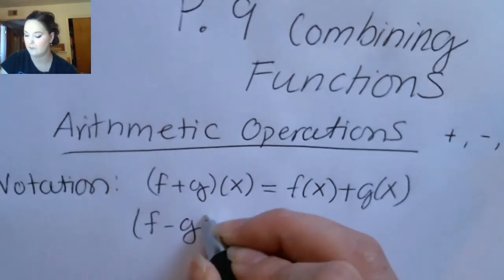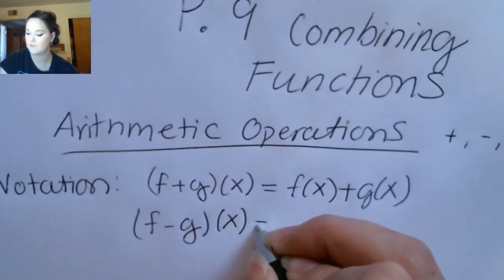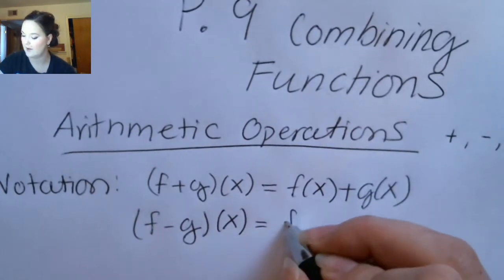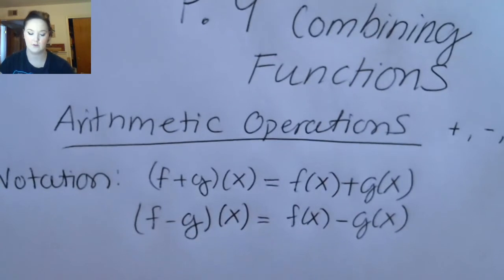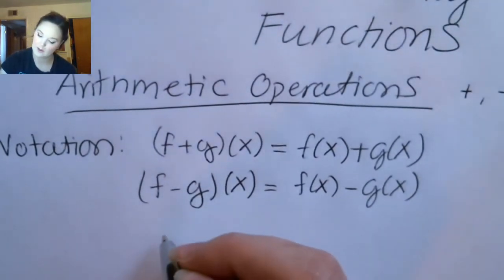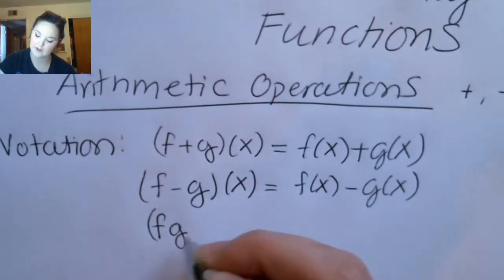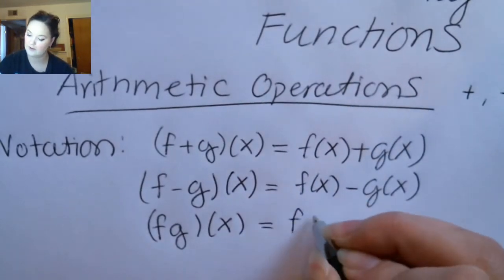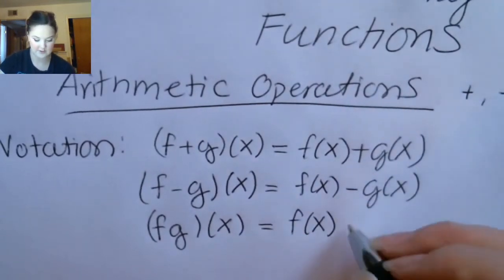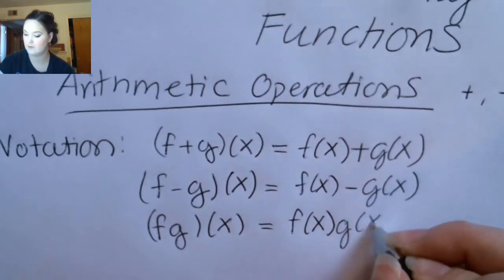Similarly, if you have f minus g of x, this is f of x minus g of x. Okay. If you have f times g of x, this is f of x times g of x.